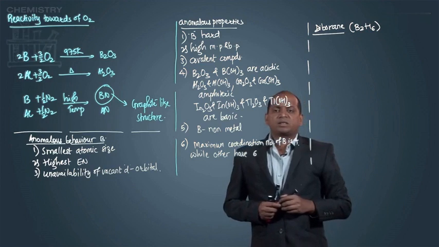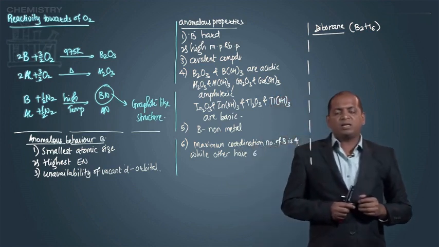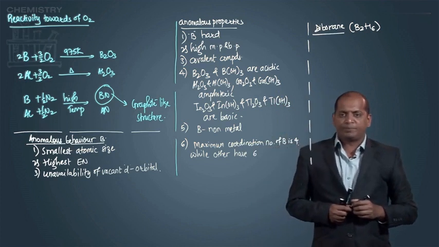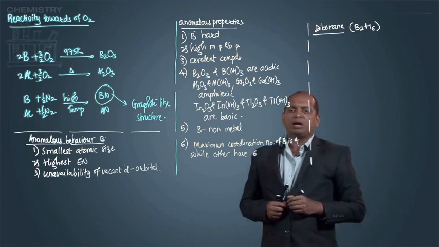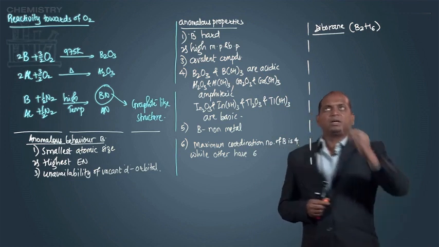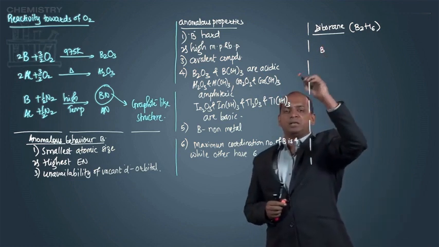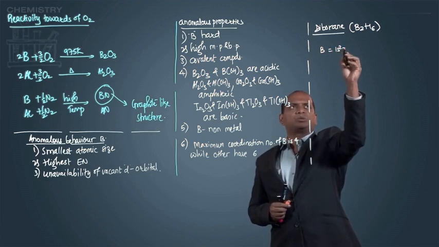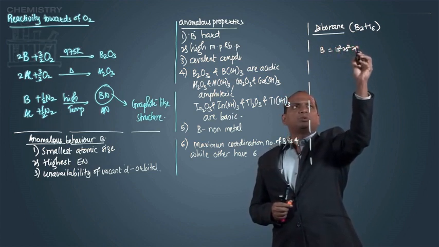Now, what is the structure of diborane? Initially it was considered that there would be a direct boron-boron bond and that boron is sp2 hybridized. But if we consider the structure now, it is like this. The electronic configuration of boron is 1s2, 2s2, 2p1.